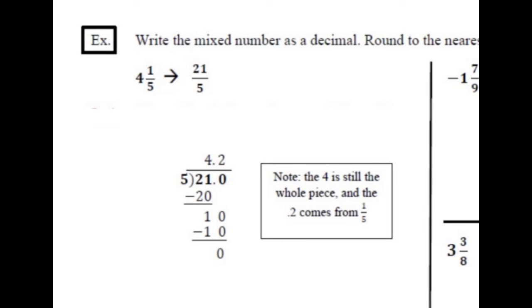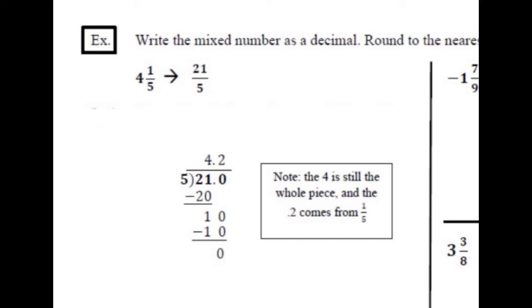So they went 5 times 4 is 20, add 1 is 21. Bottom into top. So the 21 is the top, goes underneath, the 5's on the outside. So 5 goes into 21 4 times. 4 times 5 is the 20. You subtract and you get a 1. Bring down the 0. 5 goes into 10 2 times. 2 times 5 is 10. You subtract, you get a 0.